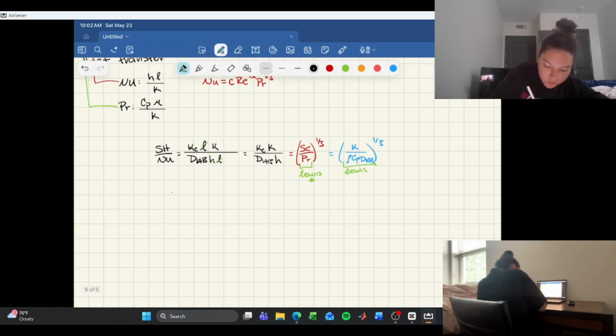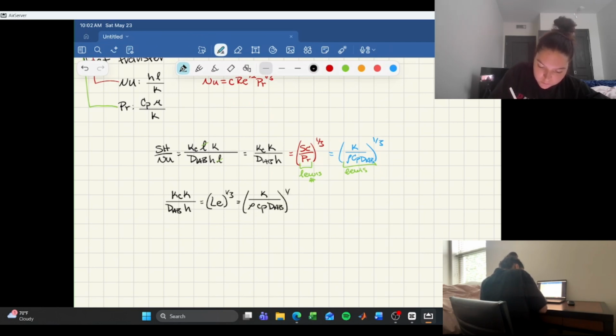We have the mass transfer coefficient times the thermal conductivity over the diffusion coefficient times the heat transfer coefficient, which is equal to the Lewis number to the 1/3, which is equal to the thermal conductivity over density times heat capacity times diffusion coefficient, to the 1/3.